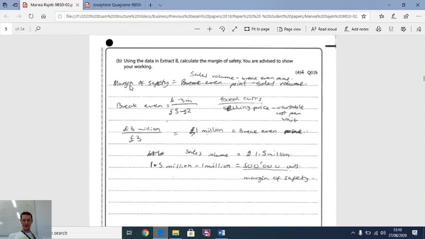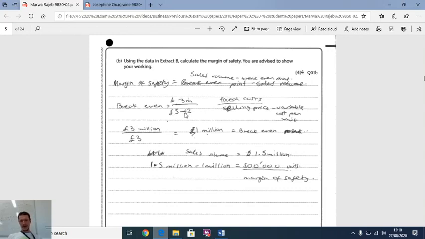The margin of safety formula is sales volume less the break-even point. She's then, a little bit dodgy but not too bad, given the formula to the right-hand side. So the formula for break-even, using the contribution, is obviously fixed cost over SP minus VC. She's then extracted the data: 3 million over 5 selling price minus 2 variable cost.